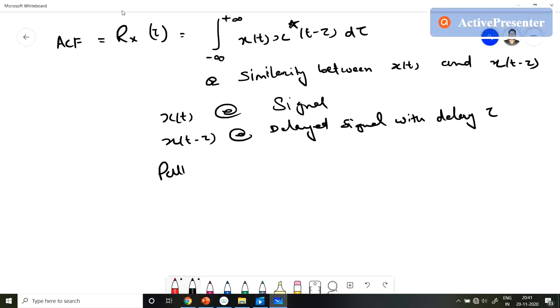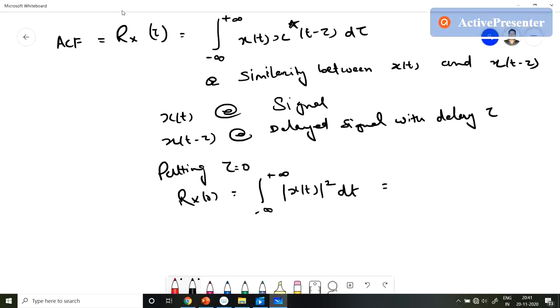So putting tau equal to 0, we get Rx(0) equal to the integral from minus infinity to plus infinity of modulus of x(t) squared dt.